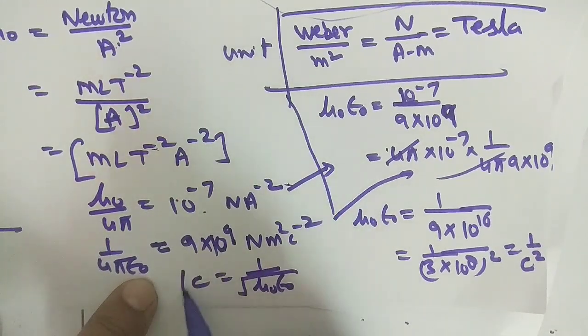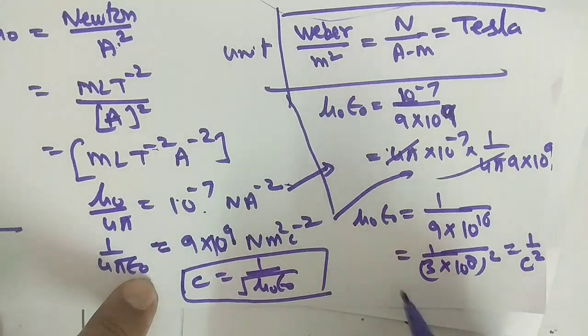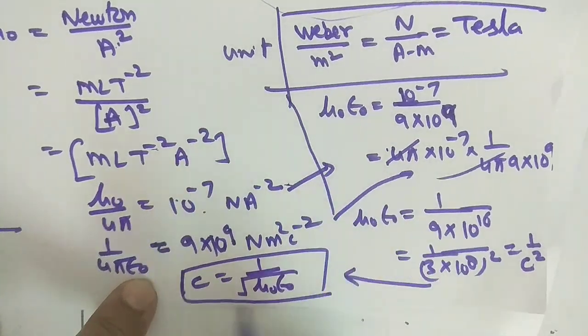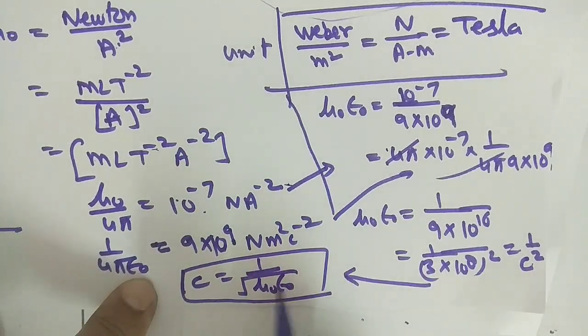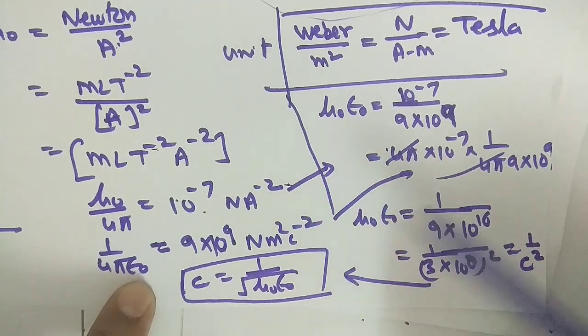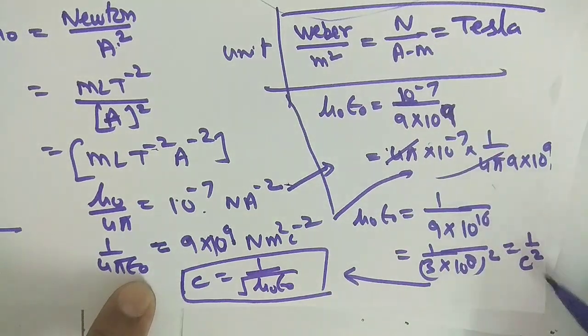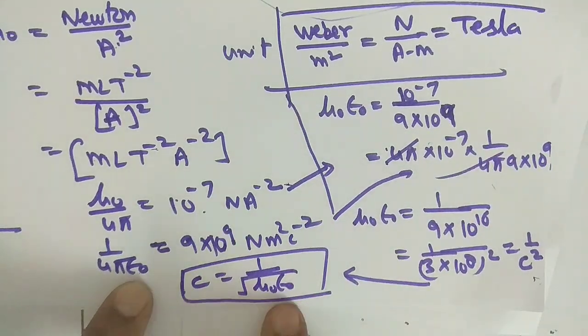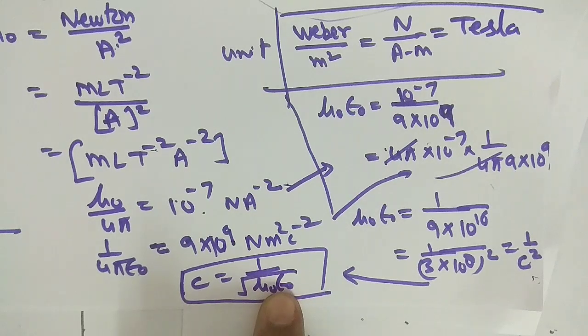So this is the relation between epsilon naught, mu naught and c, the speed of light. If you put the units of both, you will find the unit of c also, that is meter per second, which is the speed.